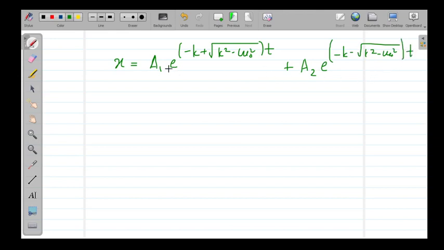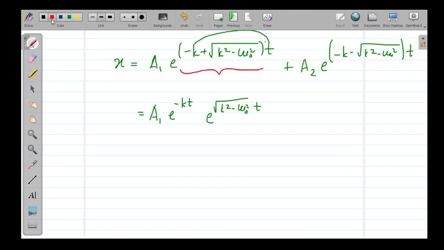I can split this exponential term as a1 into e raised to minus kt, into e raised to root of k square minus omega 0 square into t. You can actually split the exponential term like that.